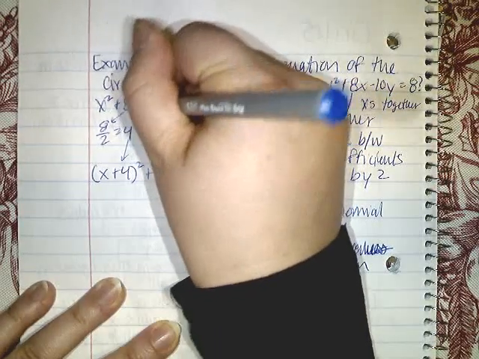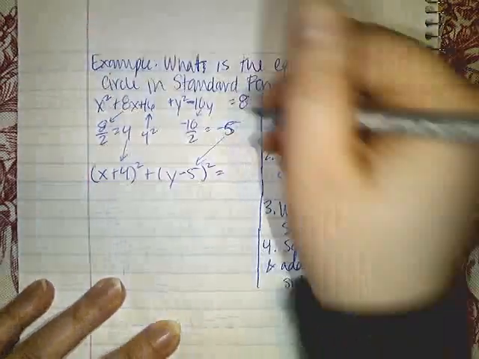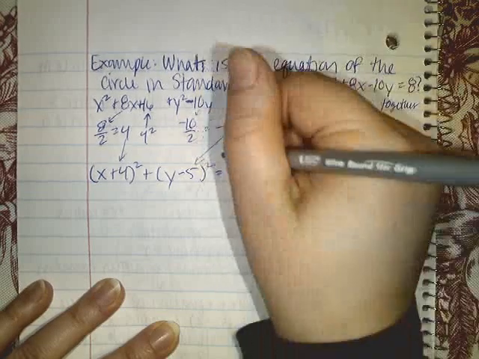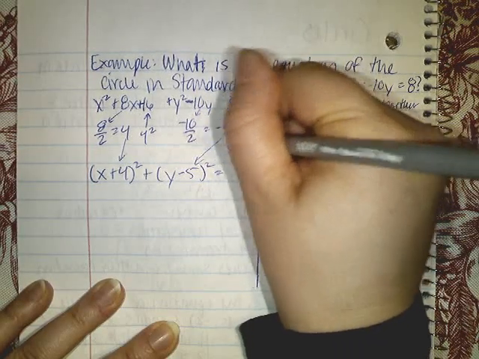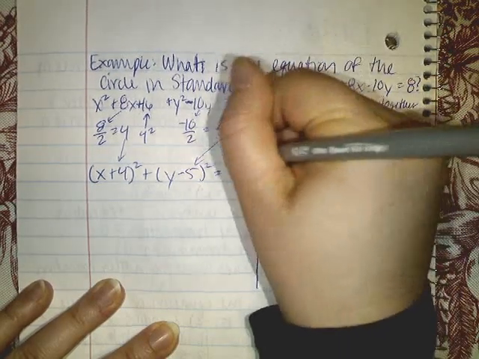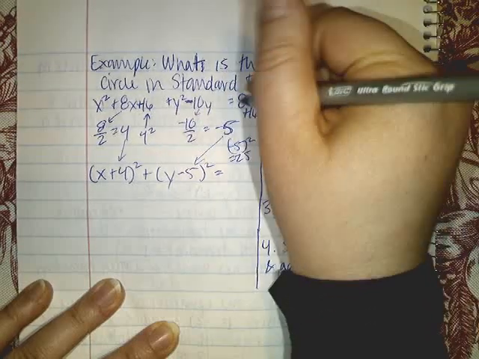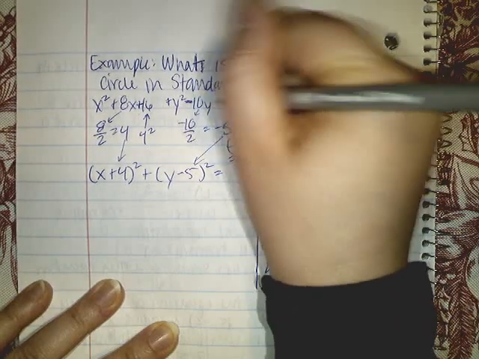So again, just like completing the square, 4 squared is 16, so I'm going to add 16 to both sides. Negative 5 squared is 25. So I'm going to add 25 to both sides as well.